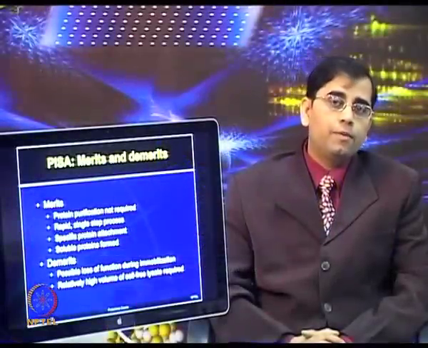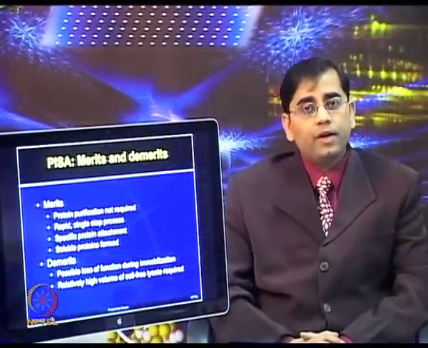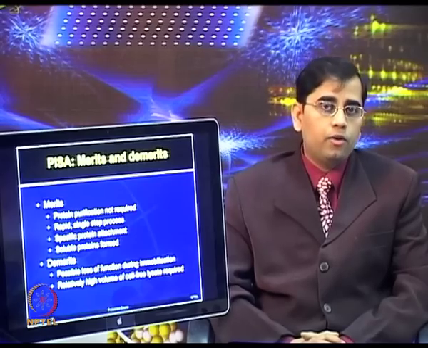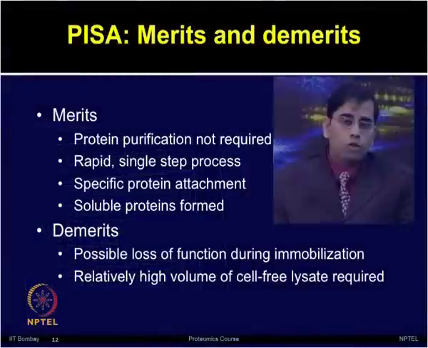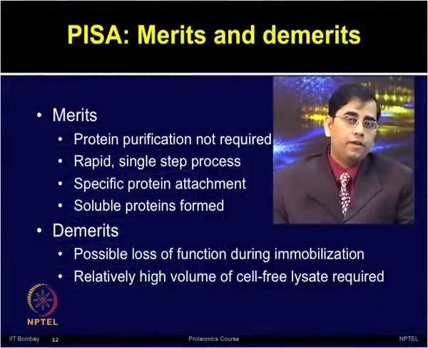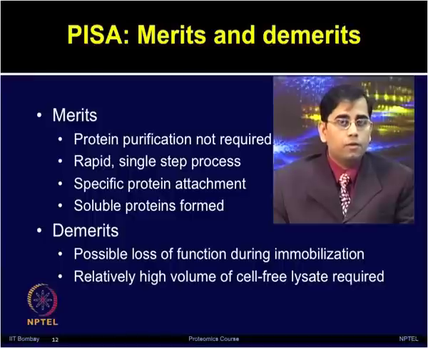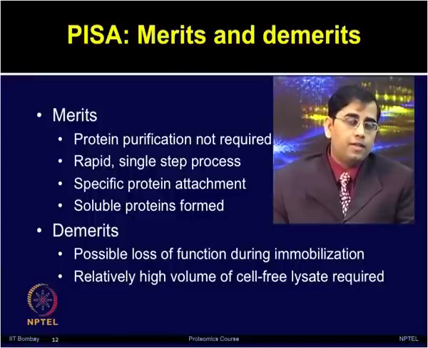So, after learning the working principle of PISA, let us discuss the various advantages and disadvantages of this technology. The PISA method overcomes the traditional protein purification requirements for producing protein microarrays. So, protein purification is not essential.